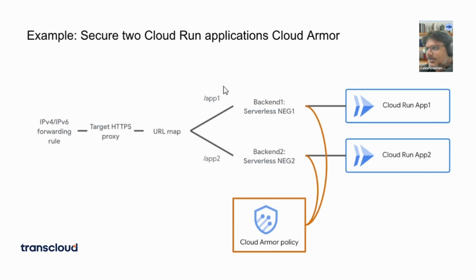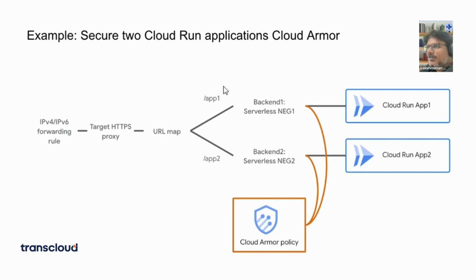So when we have to write a custom policy for Cloud Armor, what we typically do is create a policy and then attach it to your Cloud Run services, right? So here the way a request comes is, you have the load balancer. From the load balancer, it comes to the URL map service.